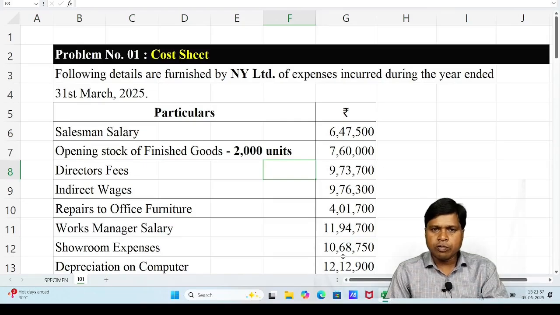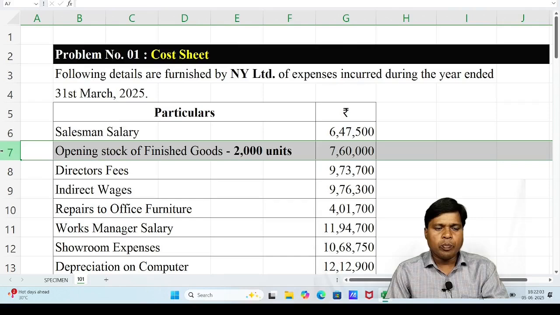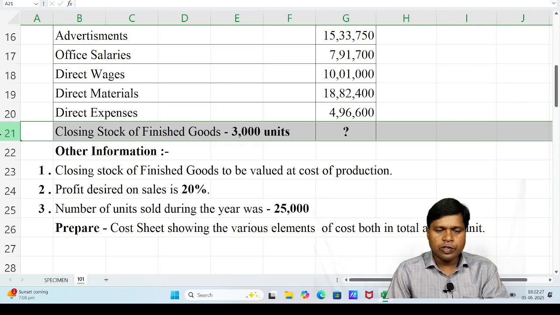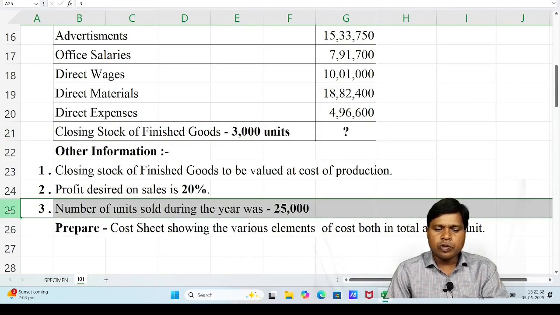So this is the question. We have read the question. In the question, the production number of units is not given. We can see opening stock of finished goods is 2000 units, and closing stock of finished goods is 3000 units. Number of units sold during the year was 25,000 units, but the number of units produced is not given in the question.